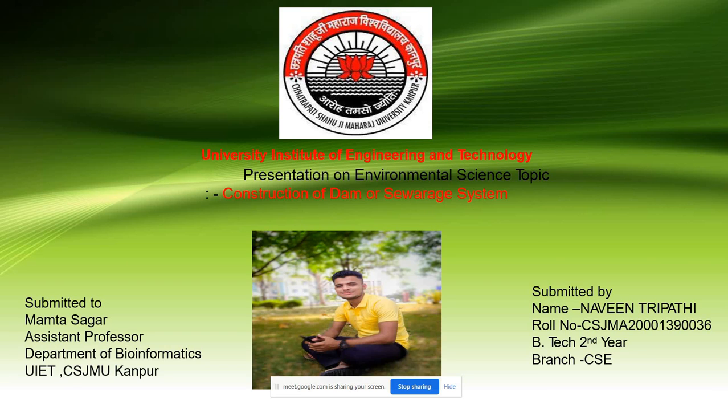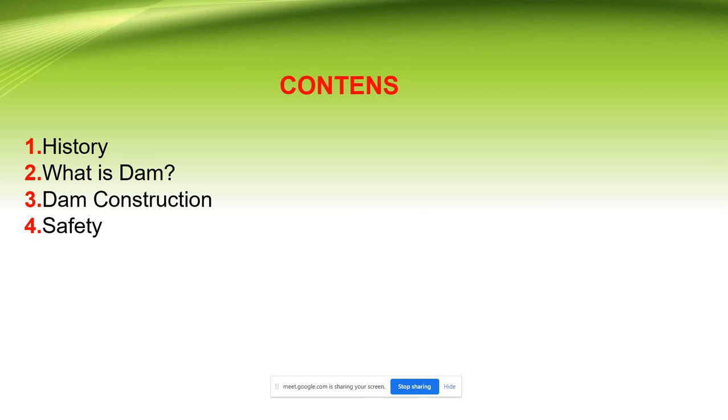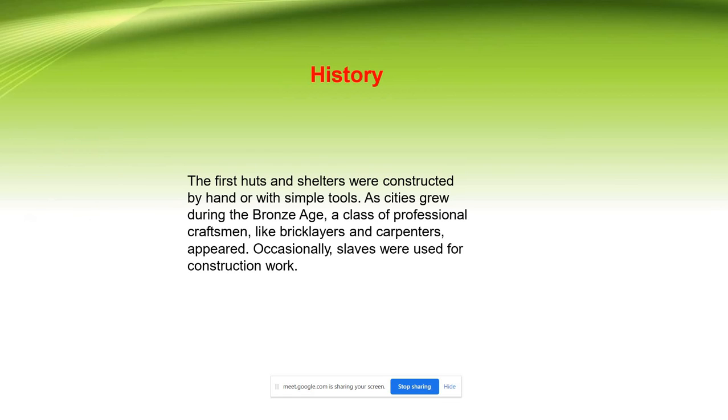The first huts and shelters were constructed by hand or with simple tools. As cities grew during the Bronze Age, a class of professional craftsmen like carpenters appeared. Occasionally slaves were used for construction work. Second, what is a dam? Dams are barriers usually constructed across a river to hold back and contain water in a lake.